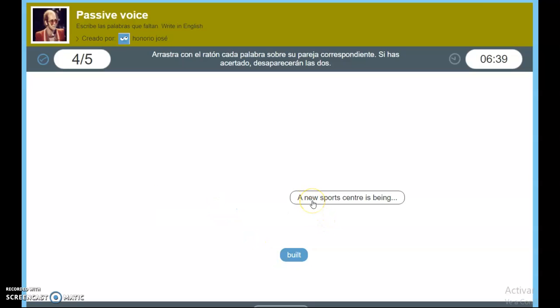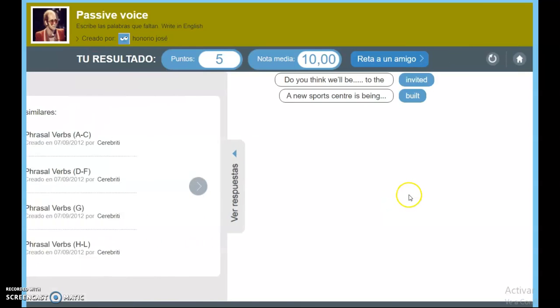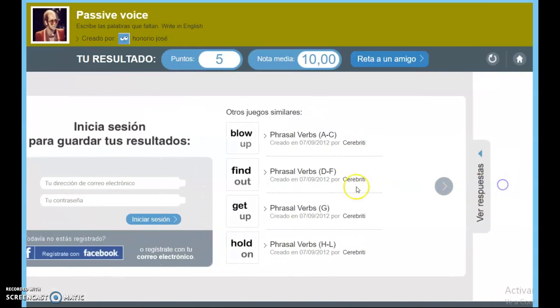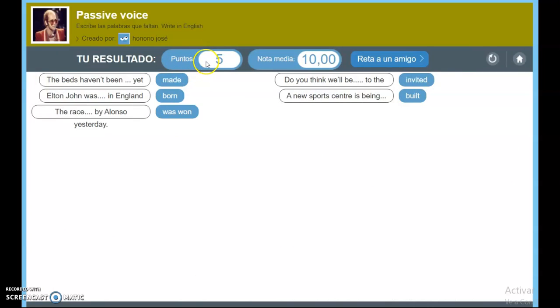The final one is a new sports center is being built. Here you can check your points and your note, 10 of 10. And here is the correction and the sentence with its corresponding pair.